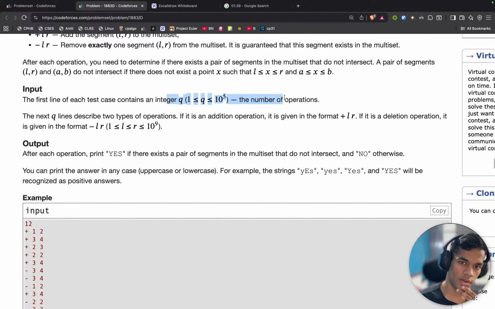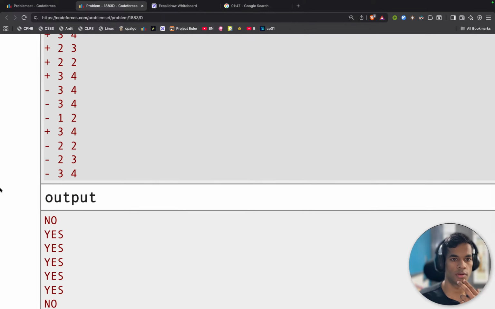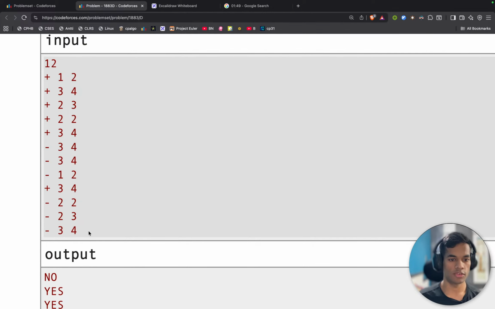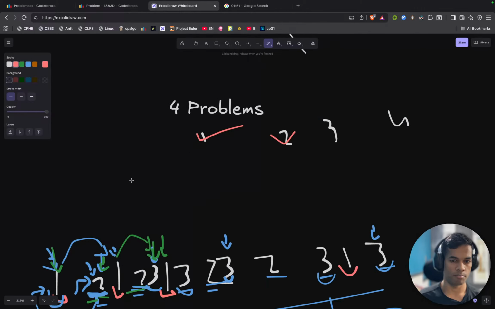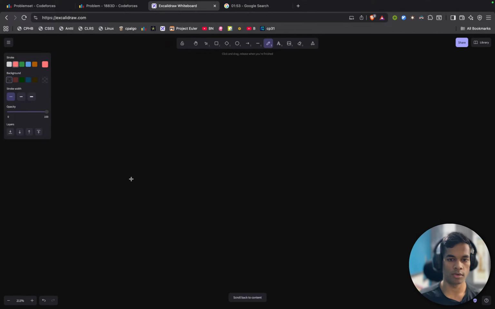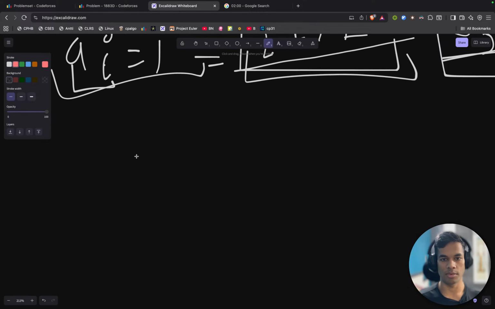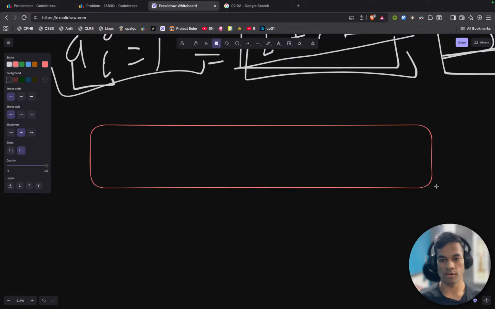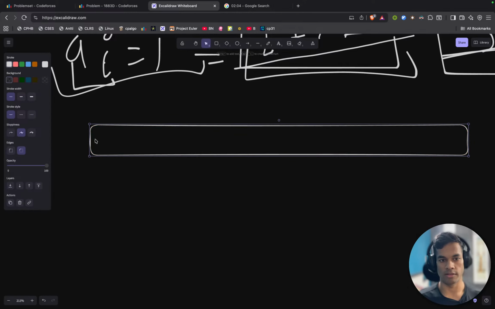L and R can be very big, queries can be very big. So yes, we cannot brute force here, of course. The initial idea coming to my mind is that you will have to store some sort of state, like what is the current state where we have segments, but not just in a true-false sense.